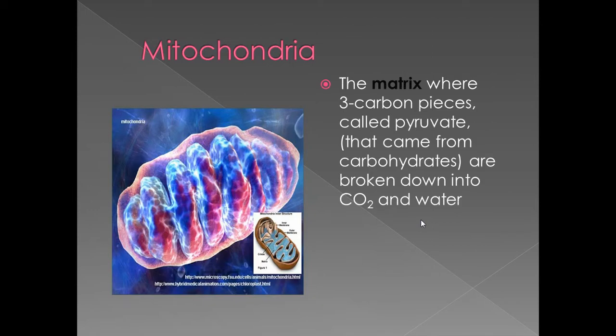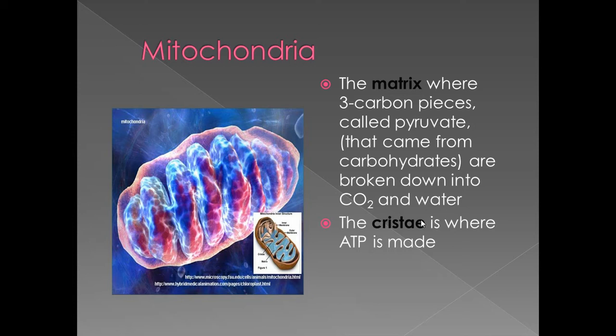In the matrix, you get the 3 carbon pieces that happen before, when glucose breaks down into 2 smaller parts. Those 2 smaller parts are each made of 3 carbons. Those are called pyruvate. Those are broken down into carbon dioxide and water. And then the cristae is where the ATP is actually made.